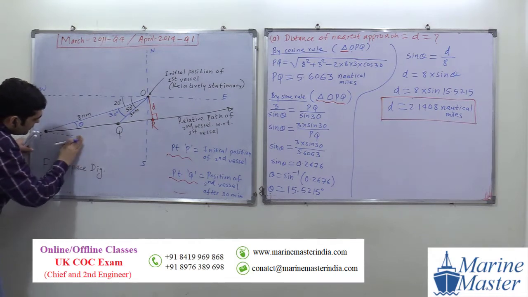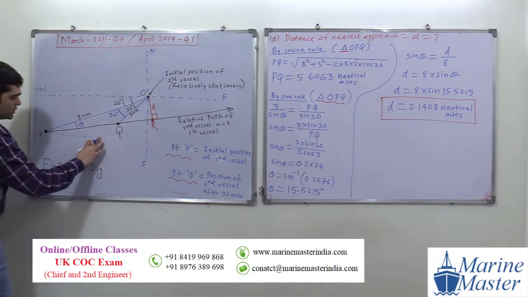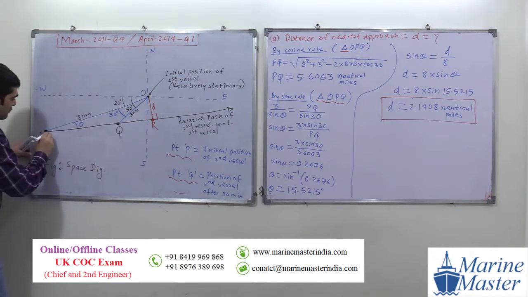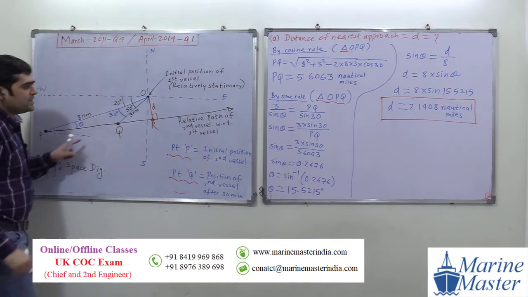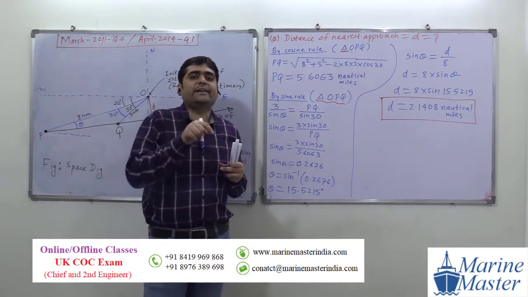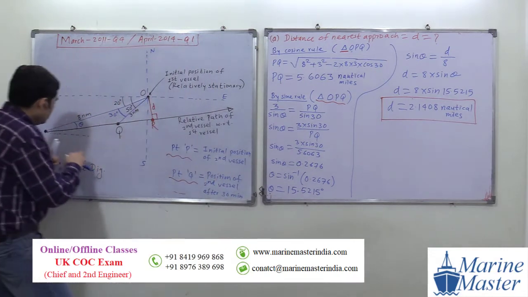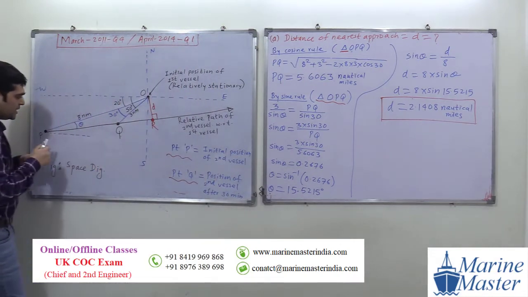And why am I drawing this? Whatever the direction of the relative path, the same will be the direction of relative velocity, and we need the direction of relative velocity in the next part. So here I am going to draw this dotted line.